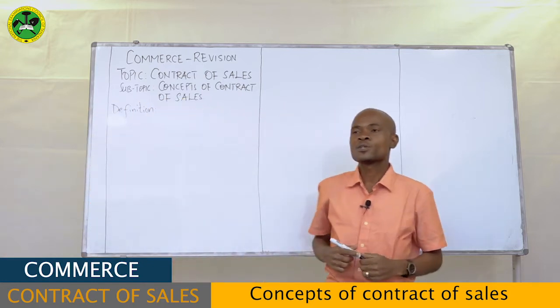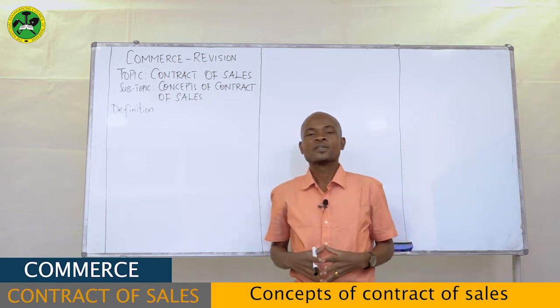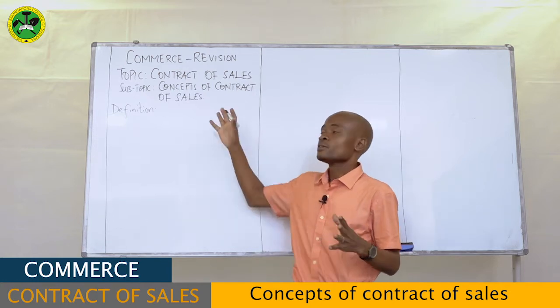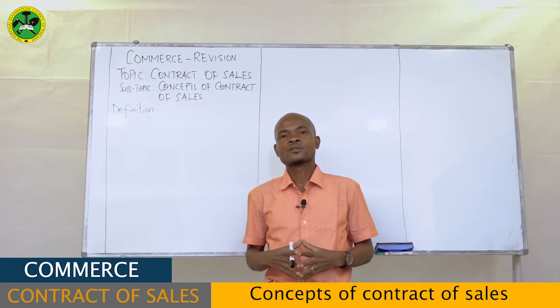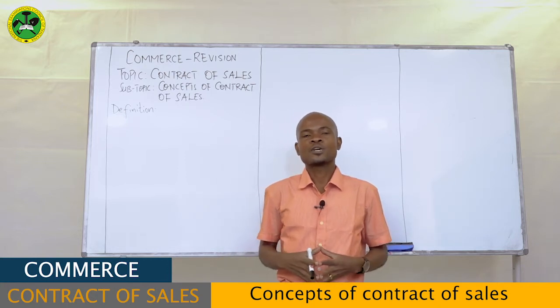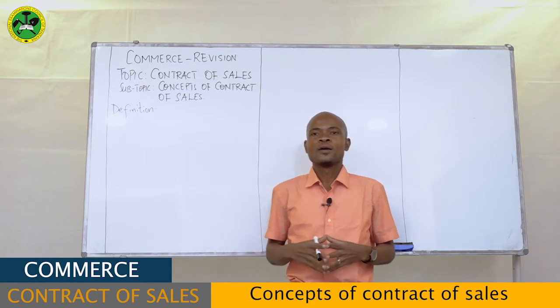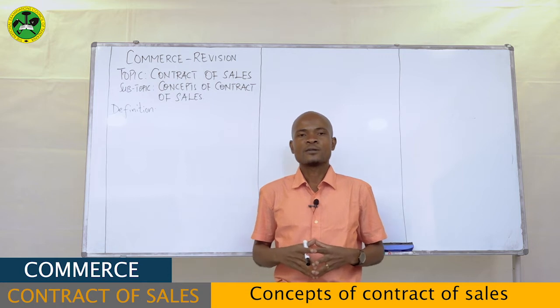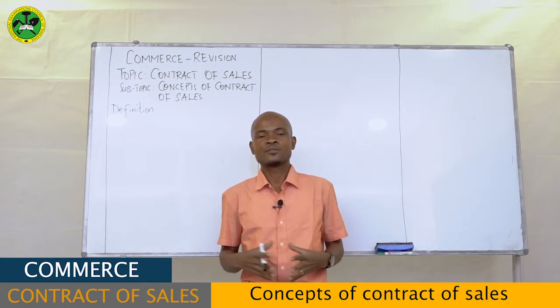When we speak about contract of sales, just like any other contract, here is a situation where we speak about the two sides. Basically, we have two sides, that is the buyer and the seller, and those two sides must come together and agree on certain terms.